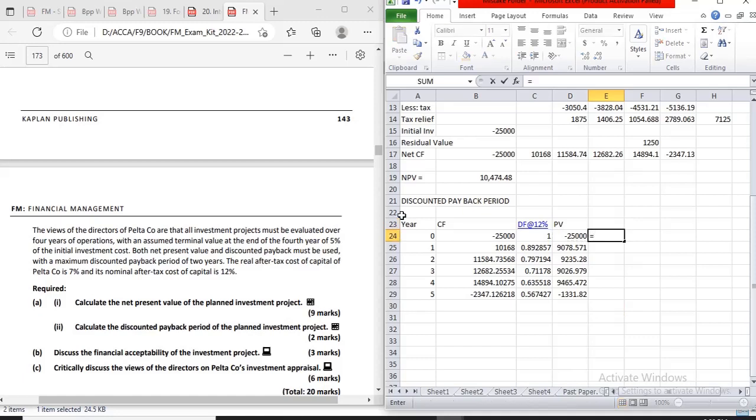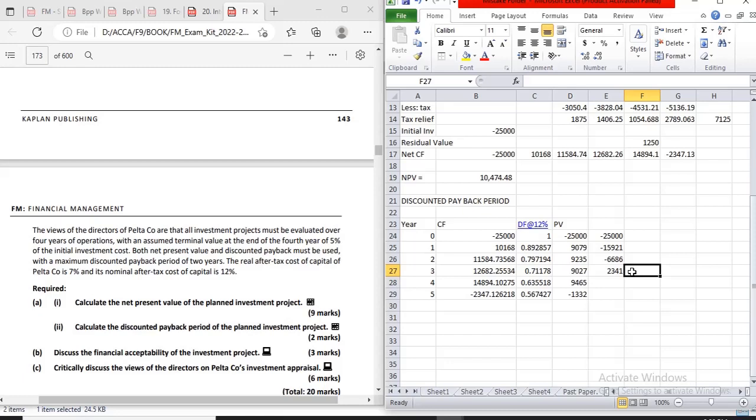So now 25,000 was the initial investment. Let me first convert it into the exact number. Okay, so 25,000 was the initial investment, out of which we got 9,079 in the first year. Then in the second year we got this. Okay, so here it becomes positive, meaning 2 years and a few months will be the answer.